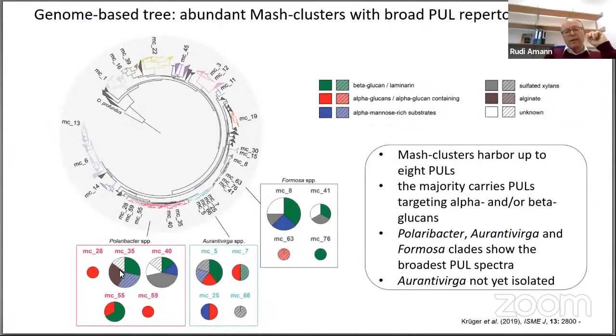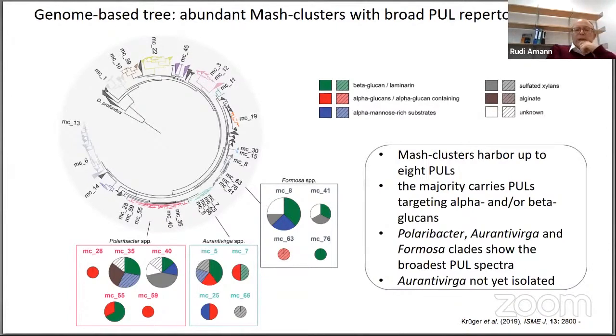Those have overall 6, 7, sometimes 8 PULs. But be careful, within the genus there are also specialists. There are other strains or species within the genus that have a much more restricted spectrum of polysaccharides that they can utilize. So that's the current situation.